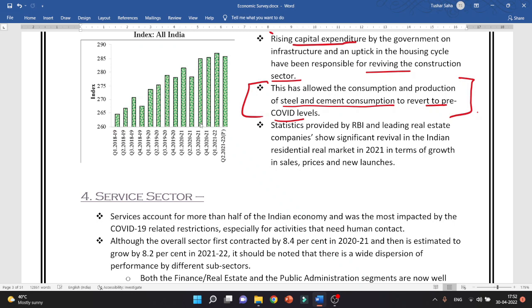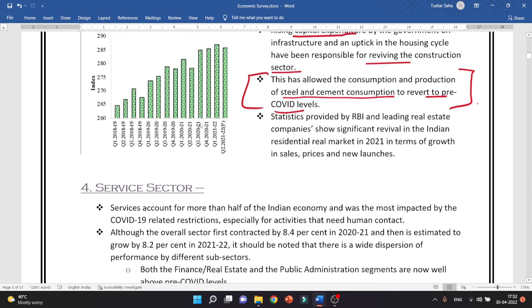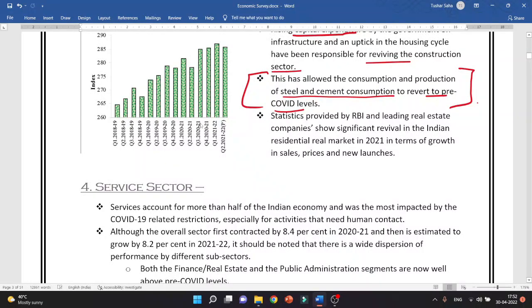As you all know, both industries come under the core industries, right? Now, statistics provided by the RBI and leading real estate companies show a significant revival in the Indian residential real estate market in 2021 in terms of growth in sales, price and new launches. So there was a slowdown, but eventually it picked up.